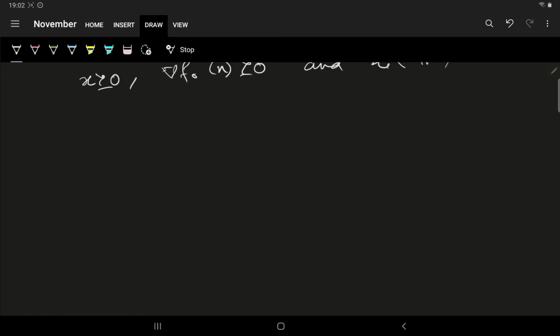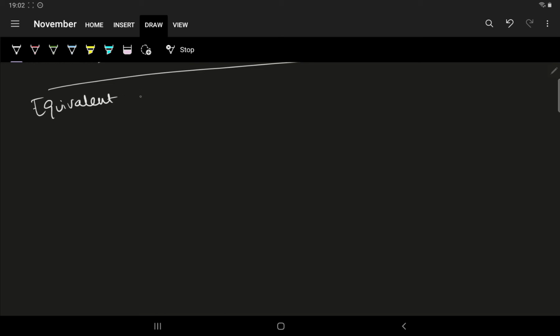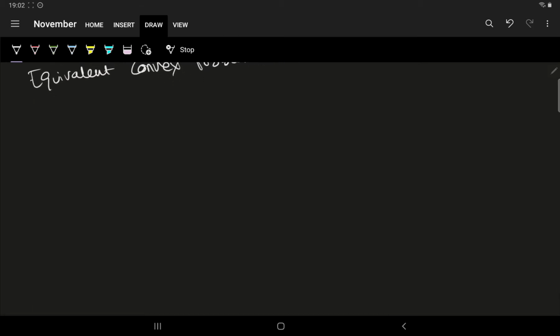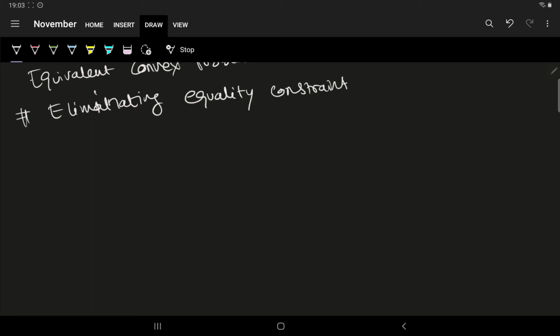And now we come to equivalent convex problems. First is eliminating equality constraints.